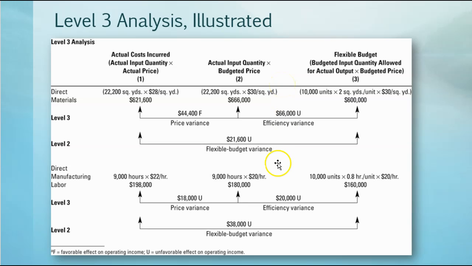Here is level 3, and these are direct variances for direct costs. So in this case, we've got direct materials and direct manufacturing labor, and we've broken it apart between price and efficiency variance. And the flexible budget variance would be the total here.